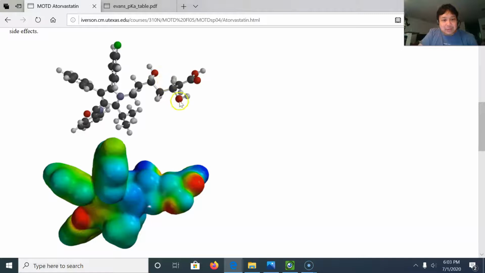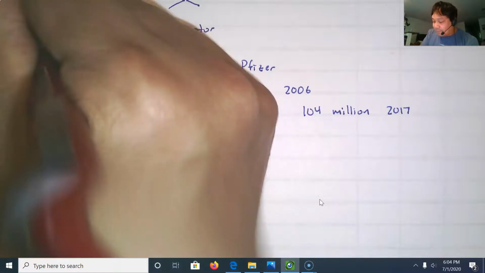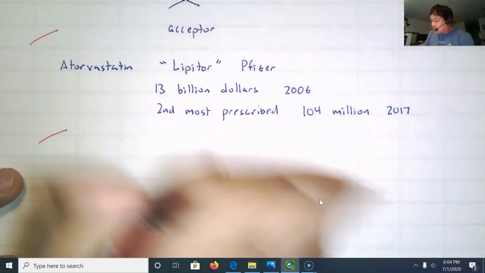The other hydroxyl group is clearer right here. So that hydroxyl group is electron rich. The oxygen is right there, that red mark. And then there's a red mark hiding in the back for this hydroxyl group's oxygen. Okay. That's all I want to say. That's one example of hydrogen bonding in pharmaceutical chemistry.